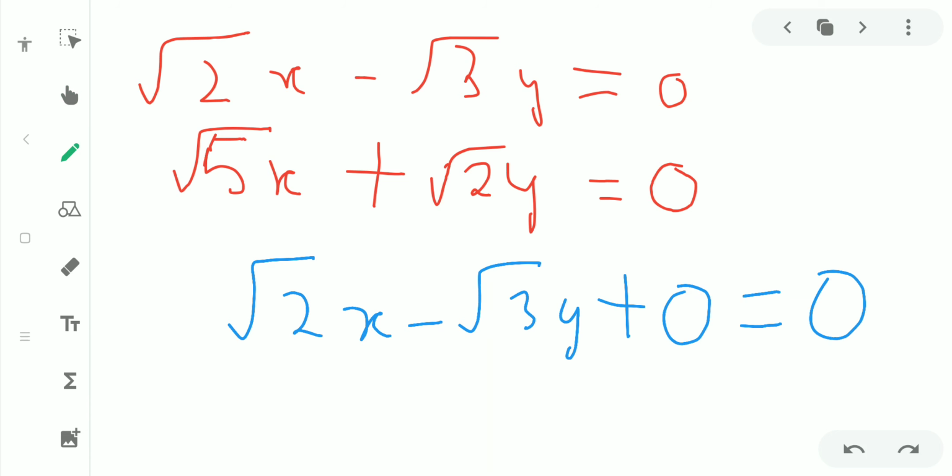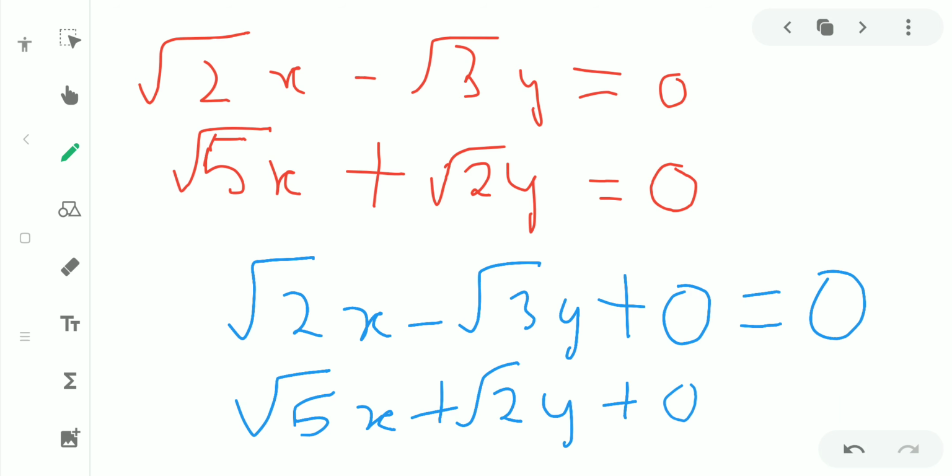And the second one also let us consider like that, that is root 5 multiplied with x plus root 2 multiplied with y plus 0 is equal to 0.